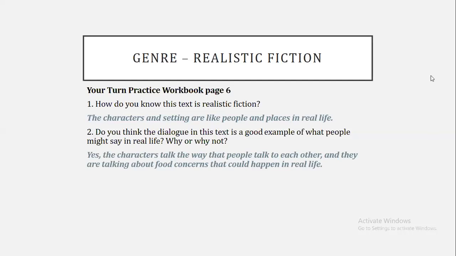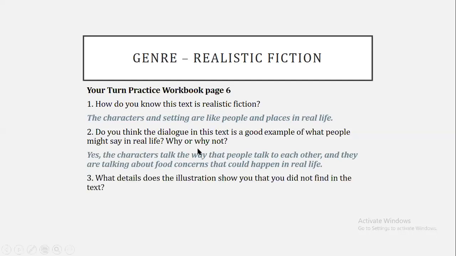Another volunteer, I have Hannah Sultan raising her hand. Hi, Hannah. Can you answer number 3? What details does the illustration show you that you did not find in the text? First, guys, what is an illustration? Miss, which page? We are on page 6. It's on the screen, Zane.